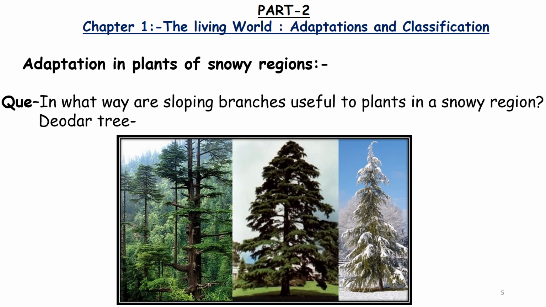Due to that shape, in the snowy and extreme cold regions, the snow falls off from the branches and cannot collect on the tree, and the thick bark helps the tree to withstand the cold. As their stem is very thick, it will withstand the cold. Okay, got it?